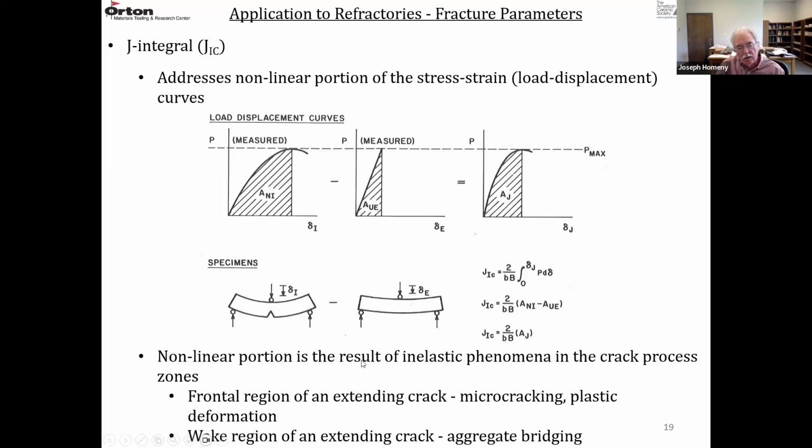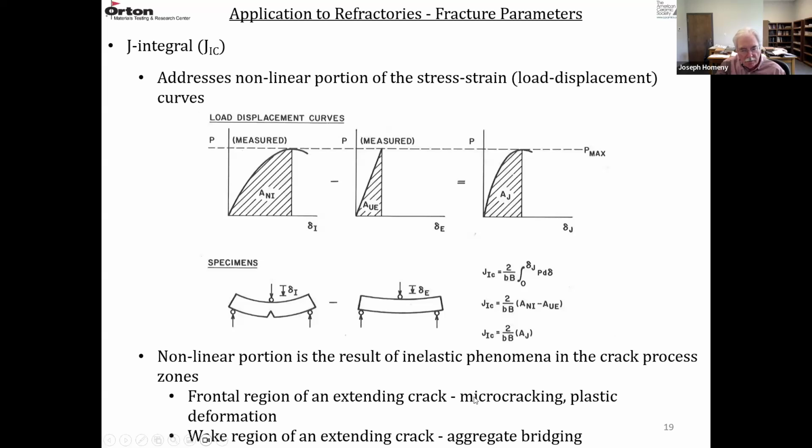So this is the nonlinear portion of the inelastic processes taking place in the crack process zones. The bigger this value, the better the thermal shock resistance. In the frontal region of an extending crack, there's microcracking and plastic deformation. In the wake region, there's aggregate bridging and so on.